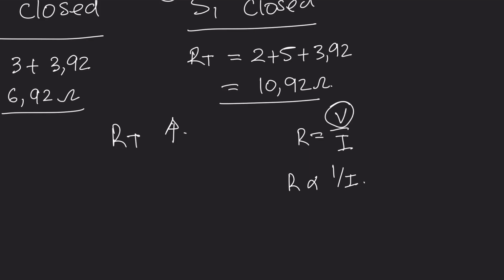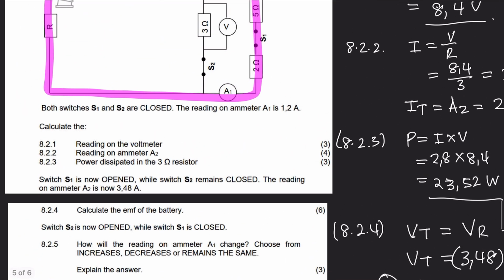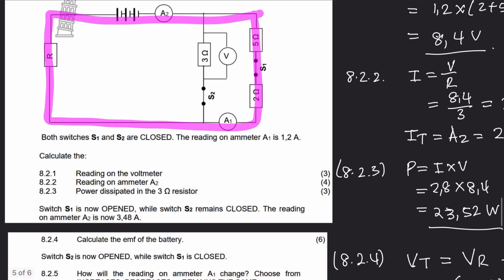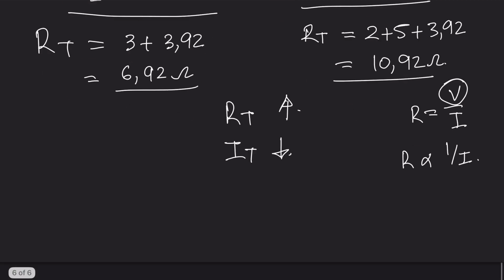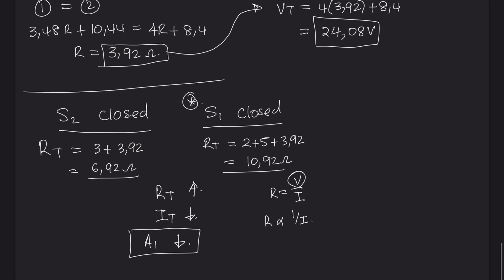So if R total increases, I total decreases. So they want to know what's going to happen to A1. A1 is reading the total current, so A1 will decrease. That's our answer.